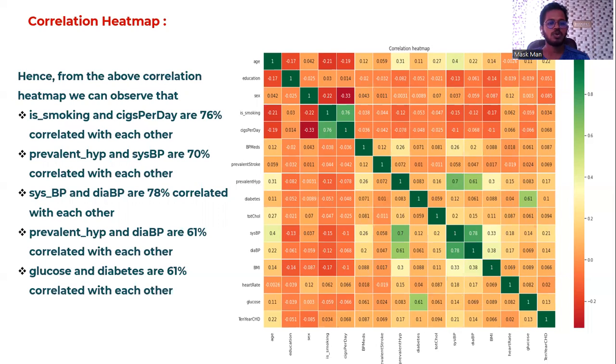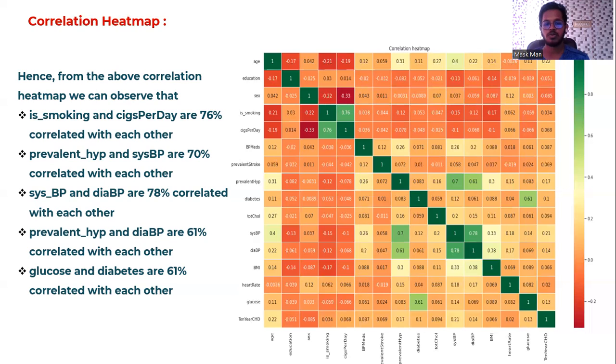If you see, smoking and cigarettes per day are 76% correlated with each other, and prevalent hype and systolic blood pressure are 70% correlated with each other, and systolic blood pressure and diastolic blood pressure are 78% correlated with each other. And prevalent hype and diastolic blood pressure are 61% correlated with each other, and glucose and diabetes are 61% correlated with each other.